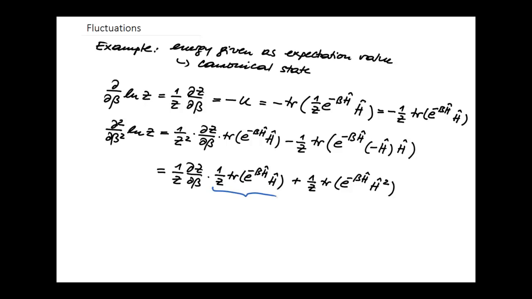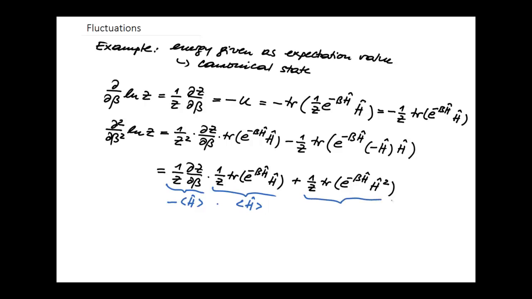What is this? What I just underbraced is once more the formula for the expectation value of energy in the canonical state. So this is once more the expectation value of the Hamiltonian. What I have in front, the 1 over partition function dz over d beta, this is once again minus the expectation value of energy. Remember the formula on the first line? This is minus the expectation value of the Hamiltonian.